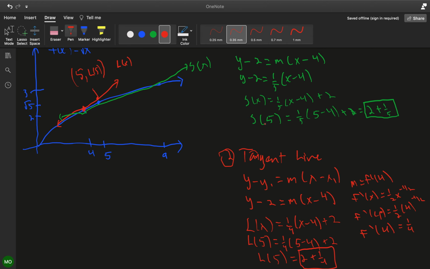So as we can see, our secant line actually lies below our curve. So this is going to be an underestimate, while our tangent line actually lies above the value we're trying to find. So this is going to be an overestimate. So in conclusion, what can we say about the square root of 5?